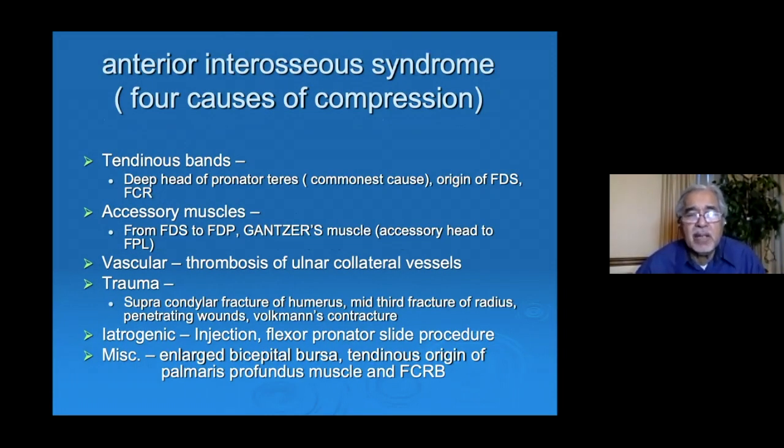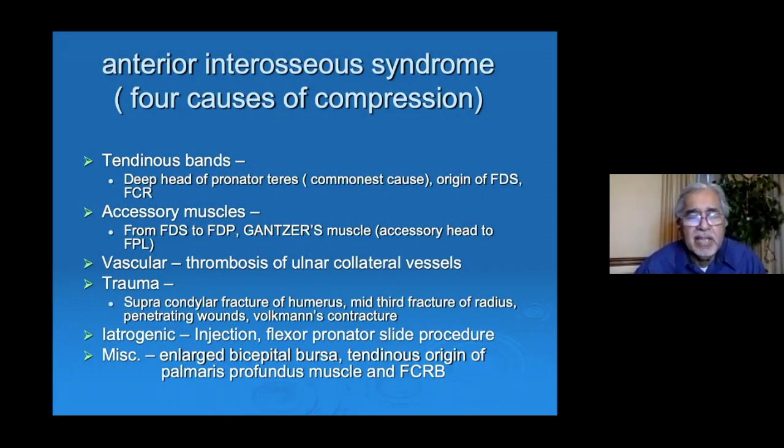As the median nerve goes distally, the median nerve can be compressed in the forearm area by, again, some compressive factors. This causes anterior interosseous syndrome. Basically, the median nerve can be compressed by the deep head of the pronator teres and the origin of flexor carpi radialis muscle.